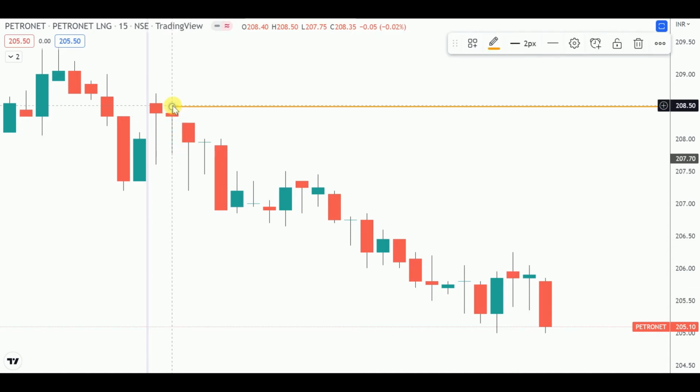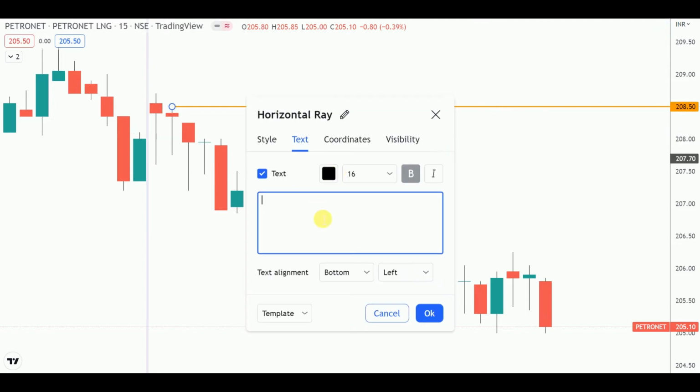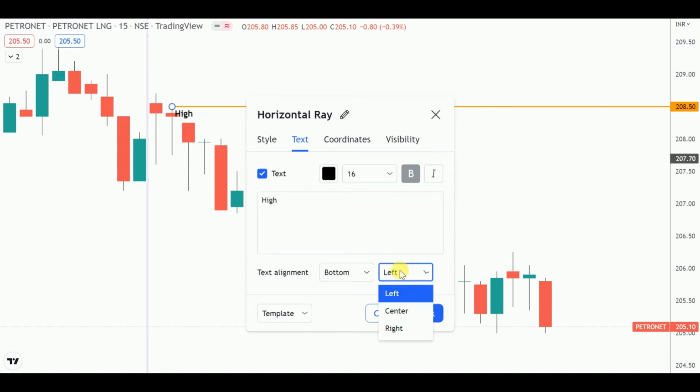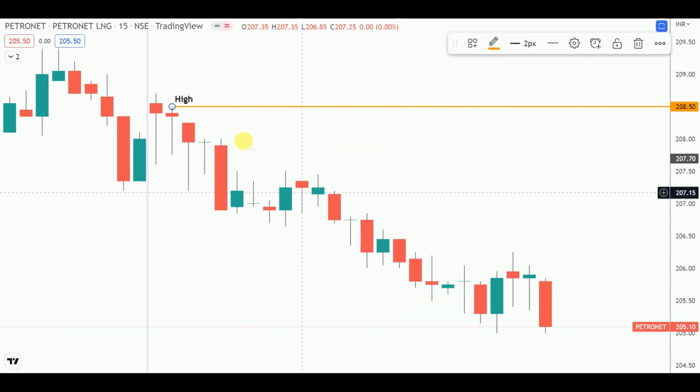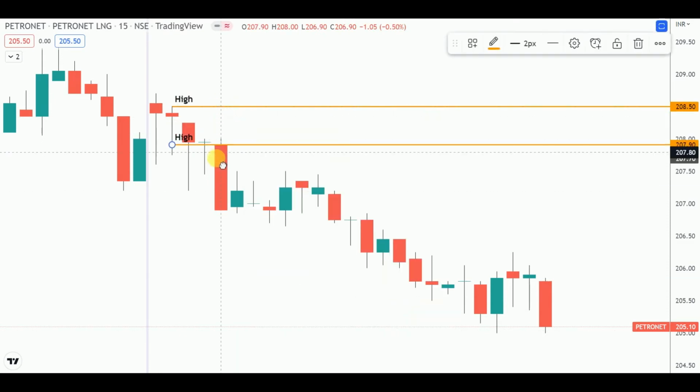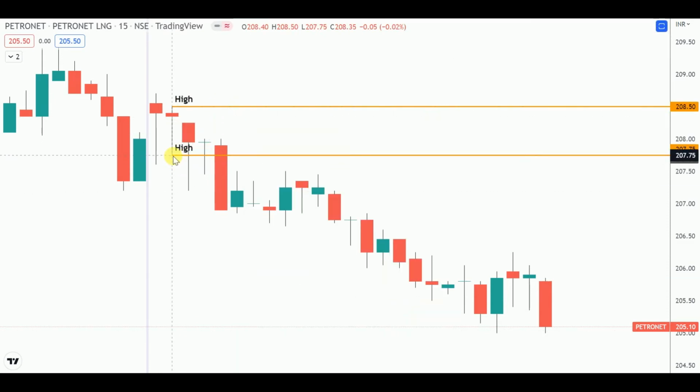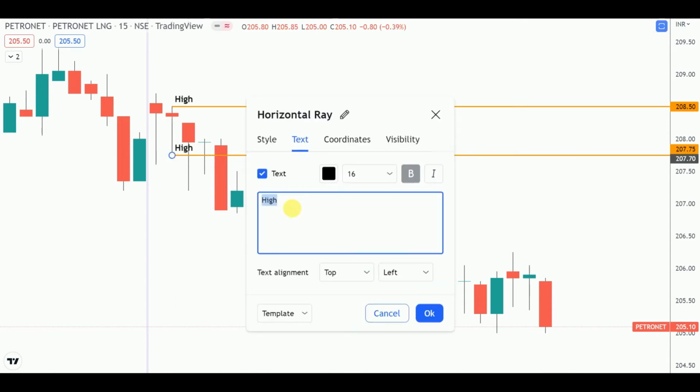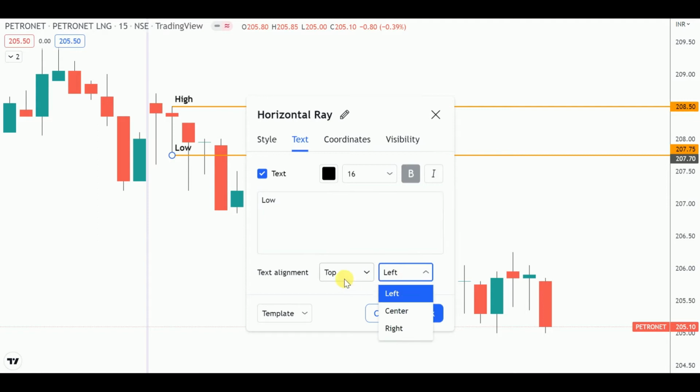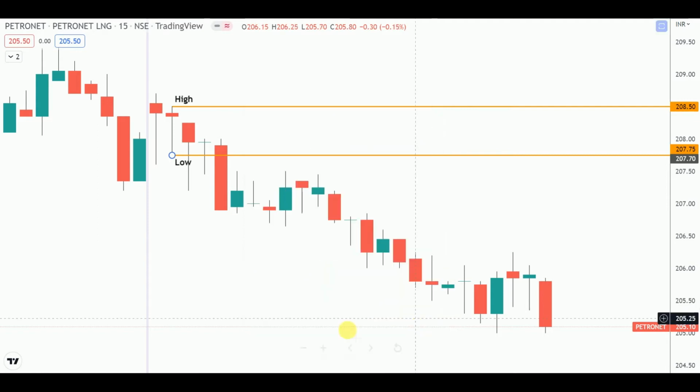So the high of this candle is here, and we will name it high. And we will also mark the low of this candle. That's it.